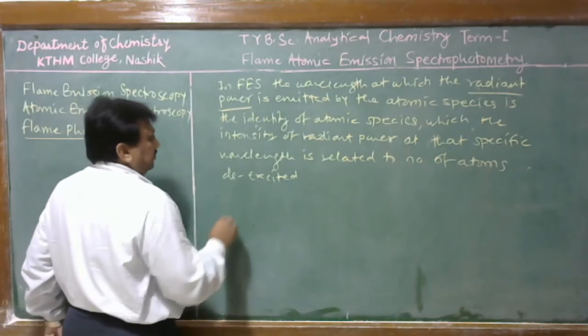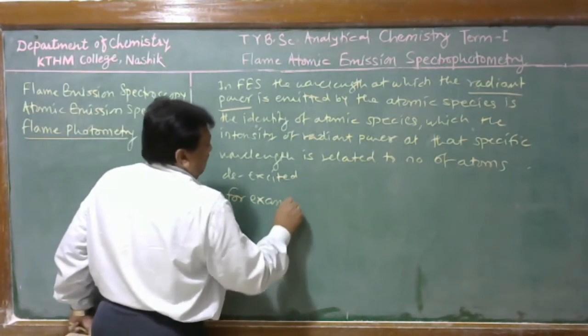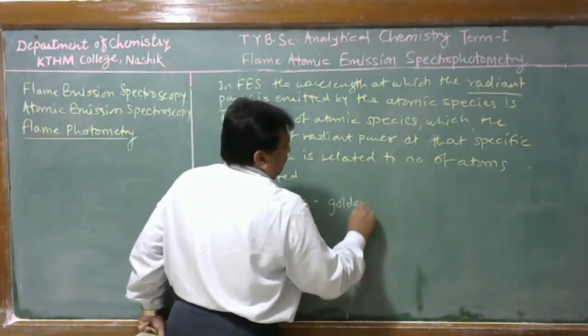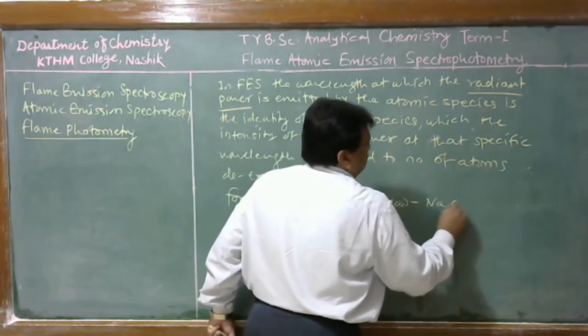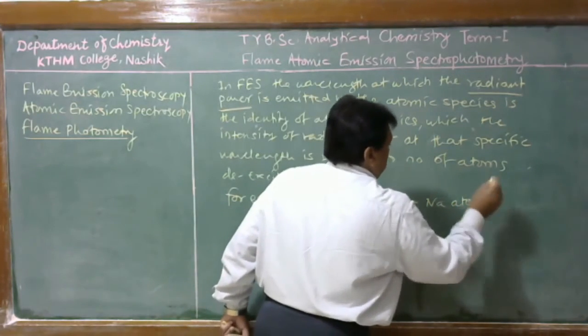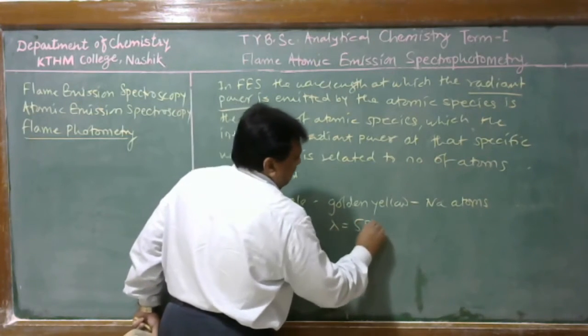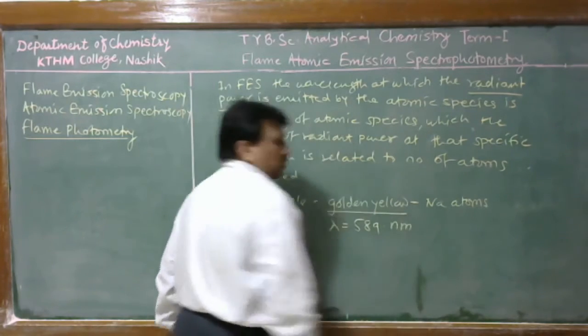For example, the characteristic golden yellow color imparted to the flame is the identity of sodium atoms in the flame. Sodium atom in the flame emits wavelength 589 nanometer, which has a golden yellow color.